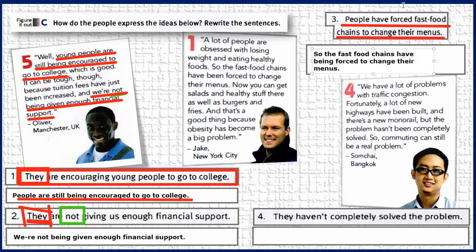Yes, that's it. These are the exact words Jake uses to say the same expression as this, but he doesn't say people, right? So people, what people? We don't know what people. Maybe in this case, who has forced fast food chains is not important. Okay? Now let's go with number 4, Eduardo, please.